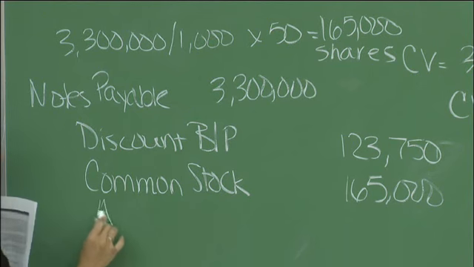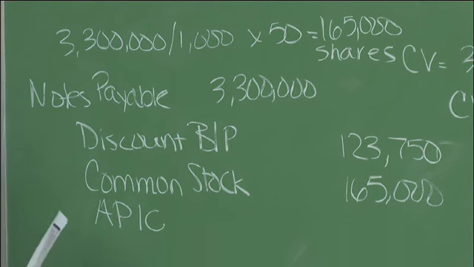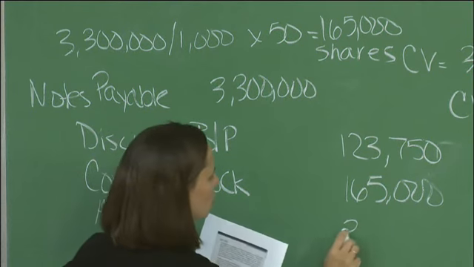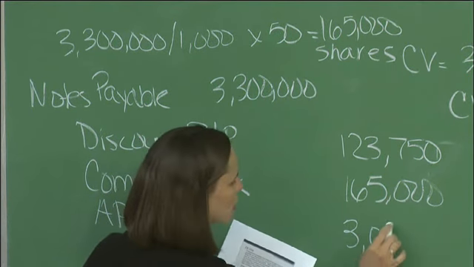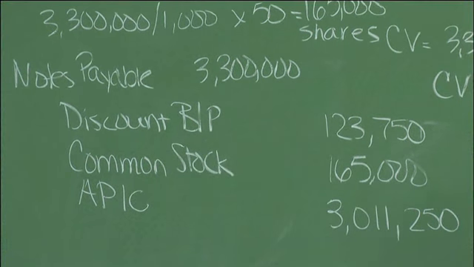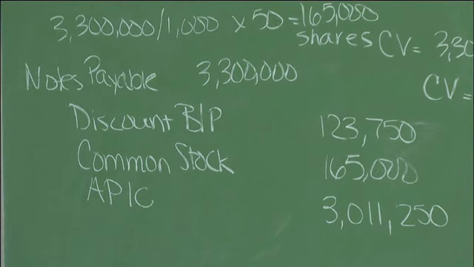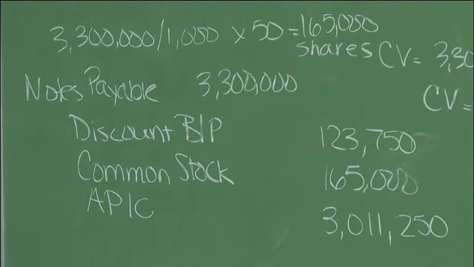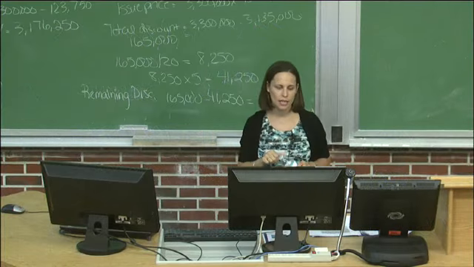And then our plug number, everything else, goes into additional paid-in capital. So that's $3,011,250. Any questions?